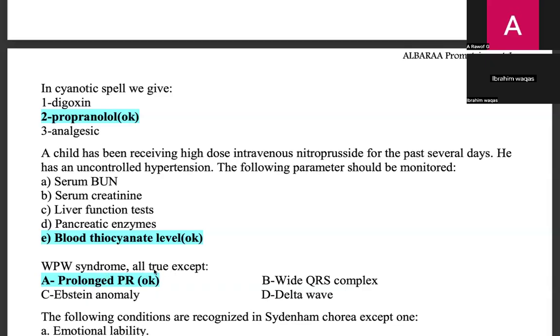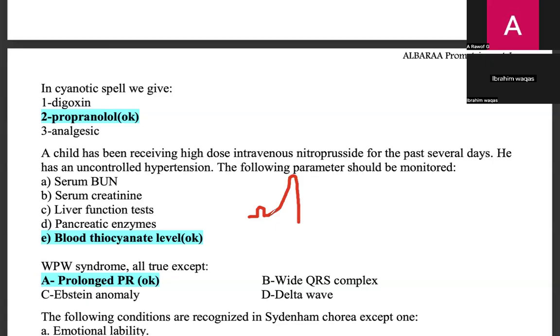WPW syndrome, all true except. WPW can be associated with Epstein's anomaly. There will be a wide QRS complex, there will be a delta wave, and a short PR, not prolonged PR. WPW is characterized by short PR interval followed by a delta wave and a narrow complex tachycardia.